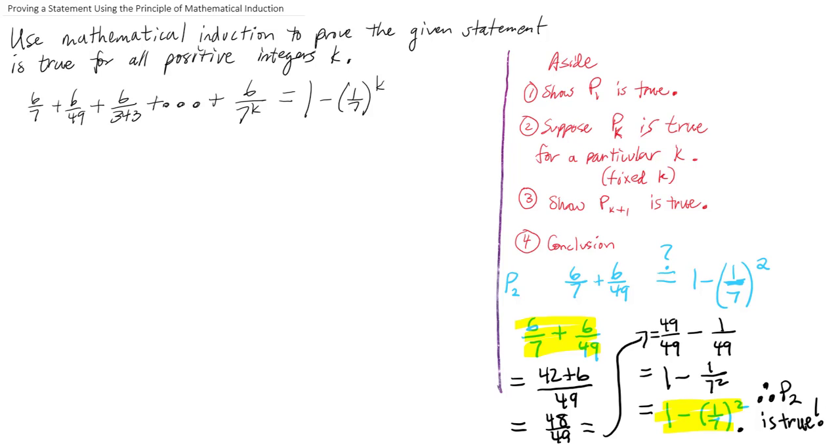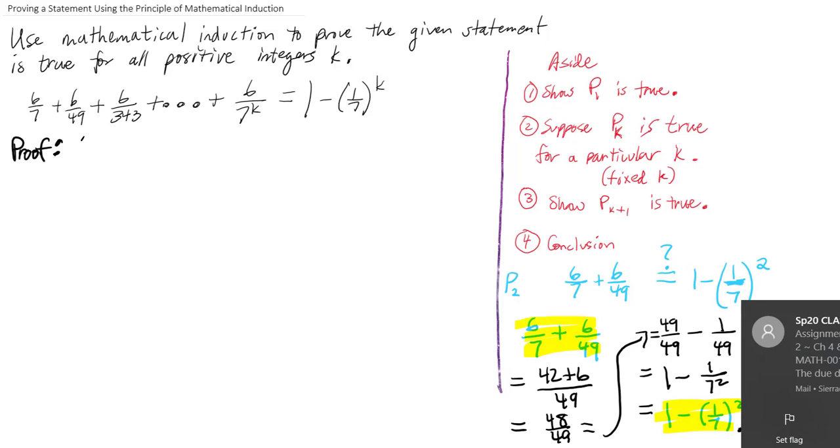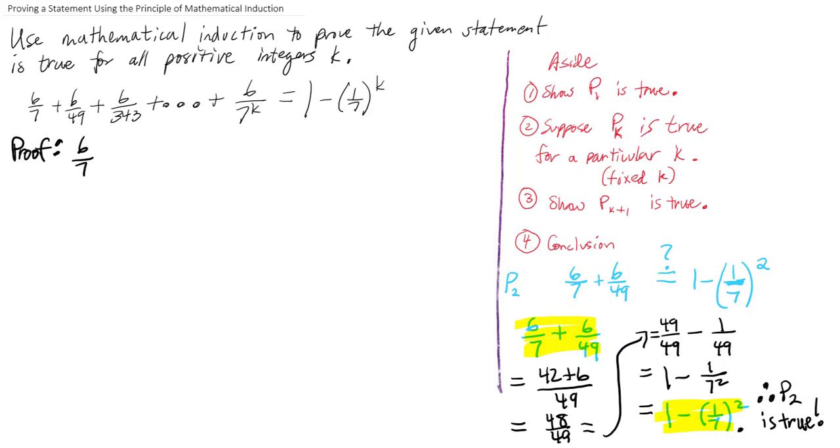So you could try to figure out what proposition 3 is. However, in the principle of mathematical induction, we only need to show proposition 1. So why don't we observe proposition 1? We start with 6/7, and we want to know what that looks like.